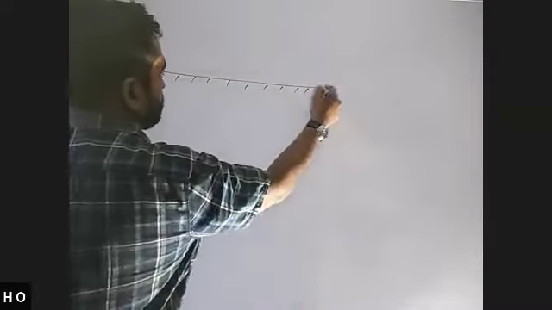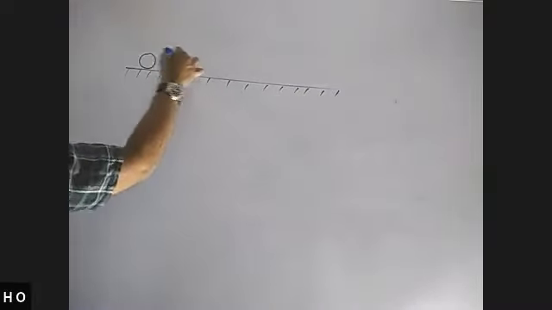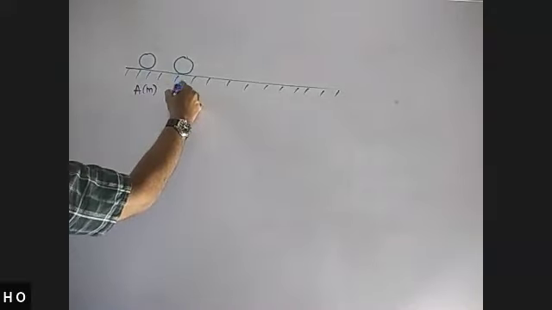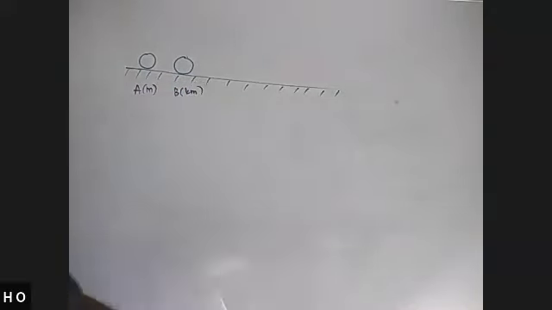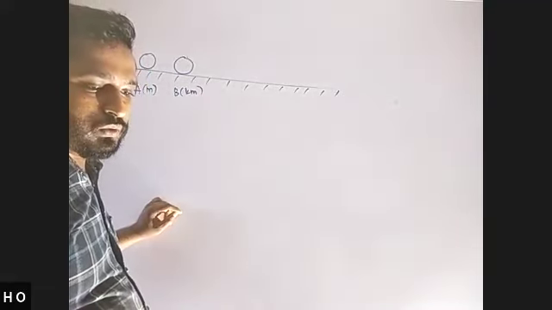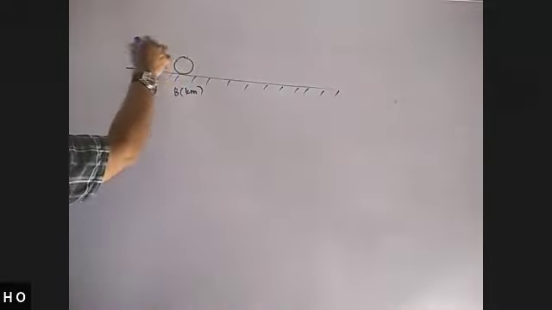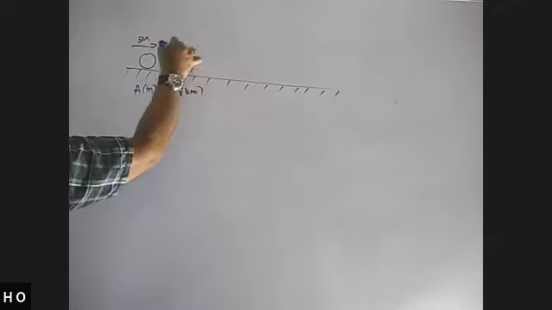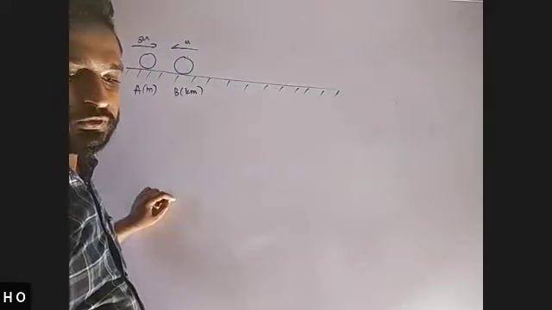All right, so let us draw the collision. They are coming together. The masses are m and km, they haven't named them, so I'll name them. Coming with the velocities 5u and u. In opposite directions on a smooth horizontal plane and collide directly.